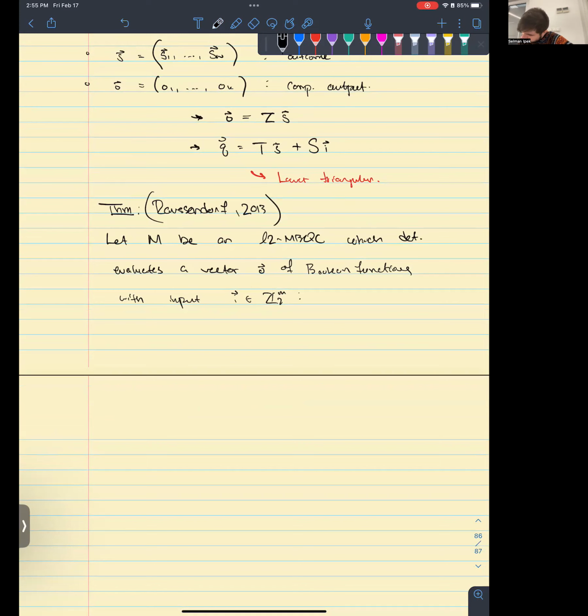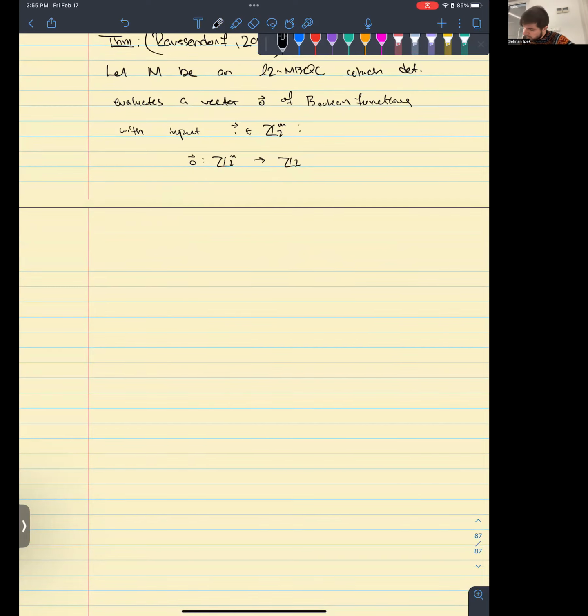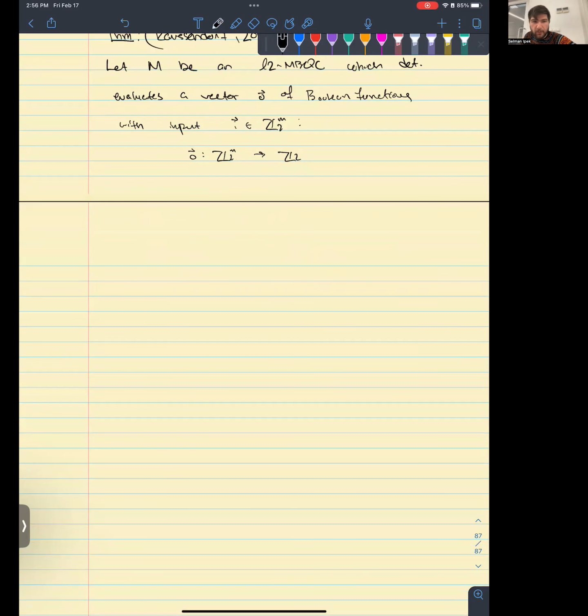So we have this function O, which goes from Z2 to the M to Z2. And the important statement is the following, that connects MBQC to contextuality in the deterministic case.